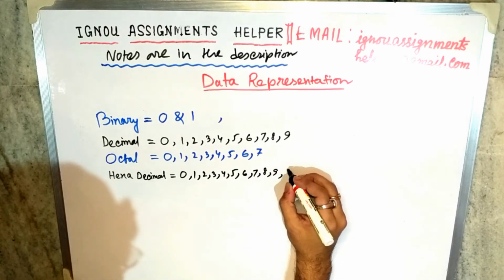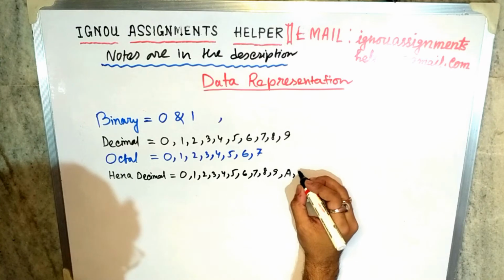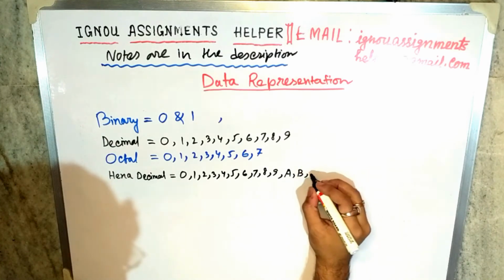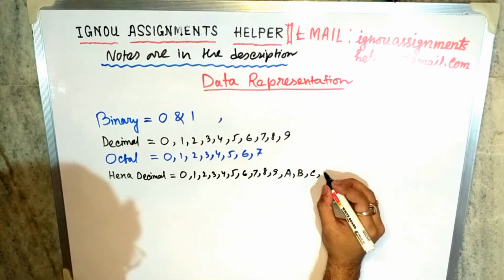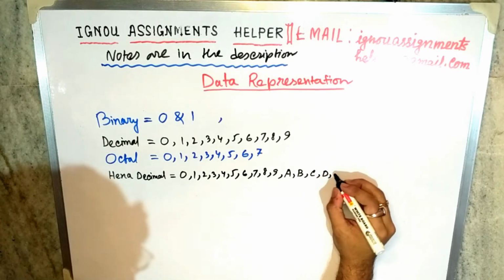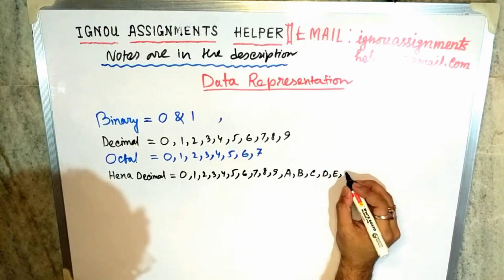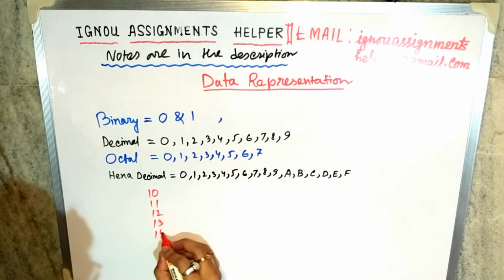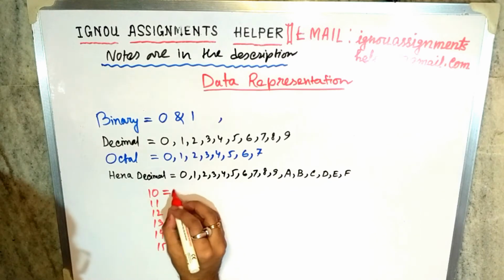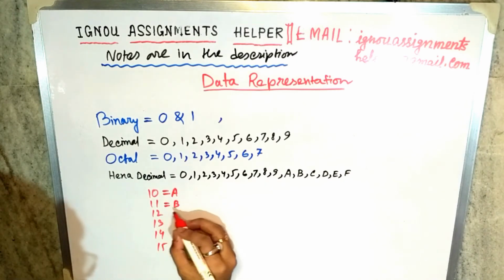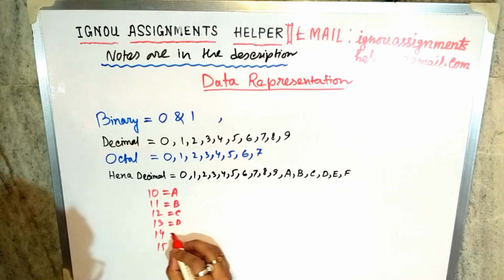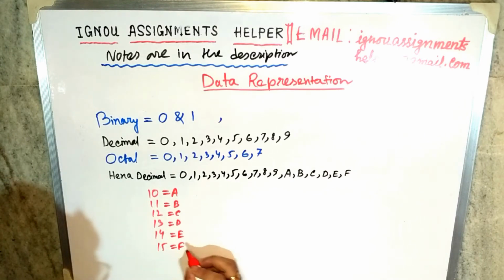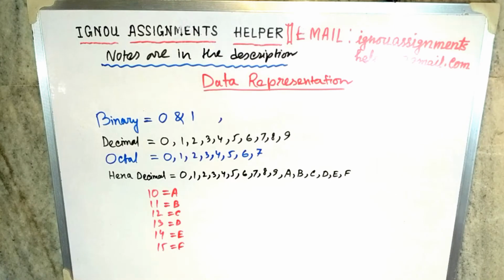Then for 10 we'll write A, for 11 we'll write B, for 12 we'll write C, for 13 we'll write D, 14 is E, and 15 is F. So for 10 to 15 we write alphabets A, B, C, D, E, F. Okay, so these are the hexadecimal numbers.